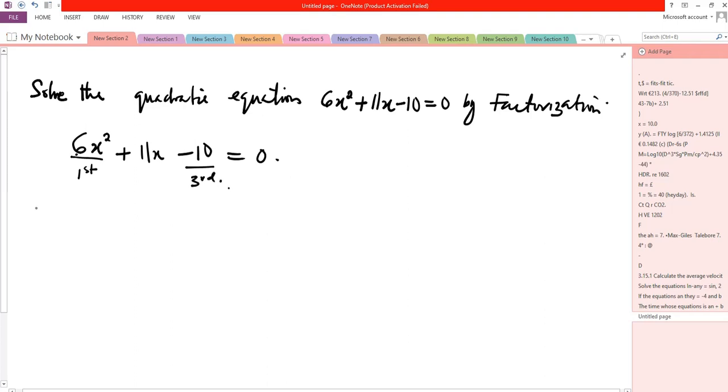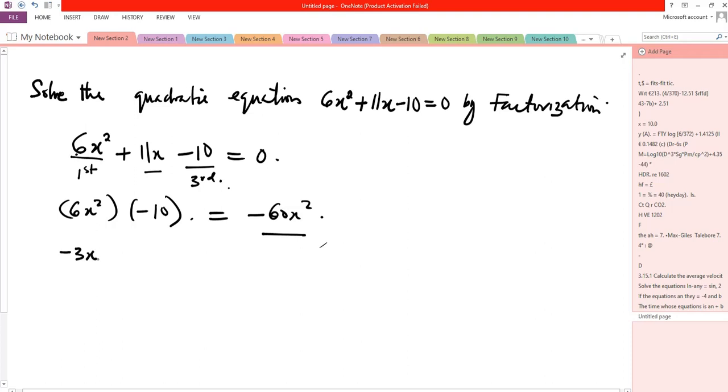If we multiply 6x squared times minus 10, it will give us minus 60x squared. So now we look for two factors of minus 60x squared that, when you sum them together, will give us plus 11x.